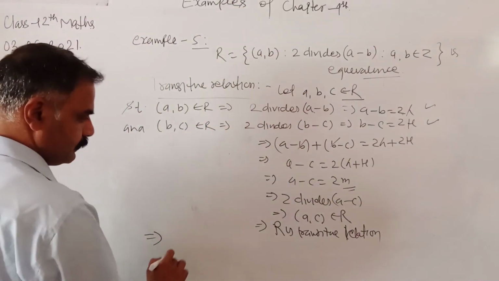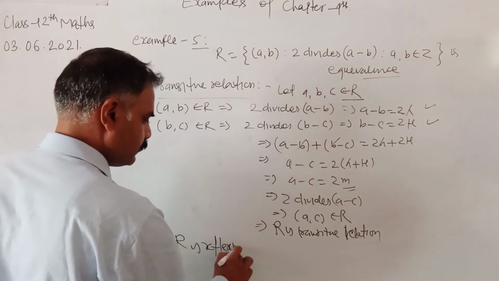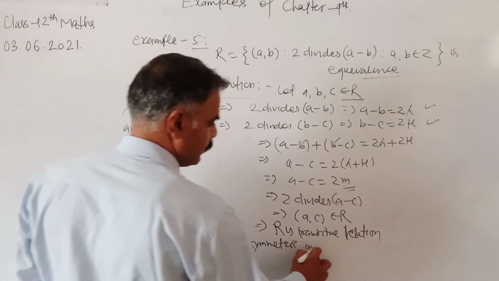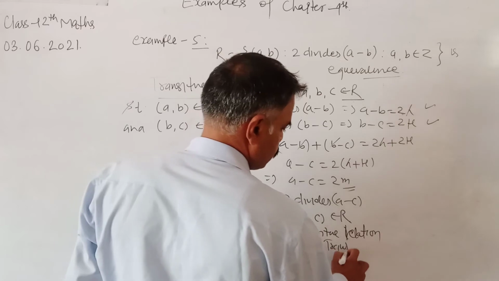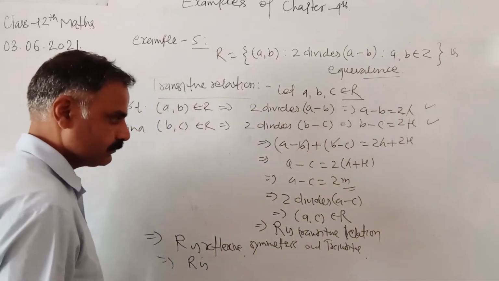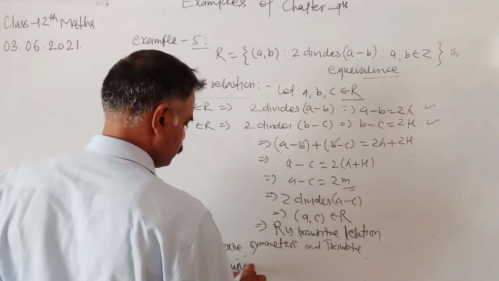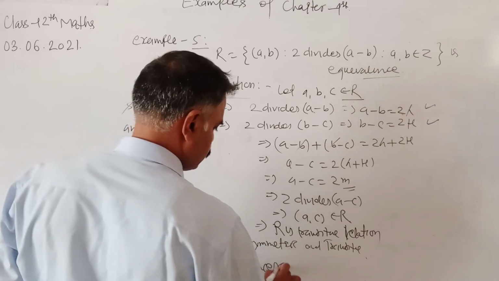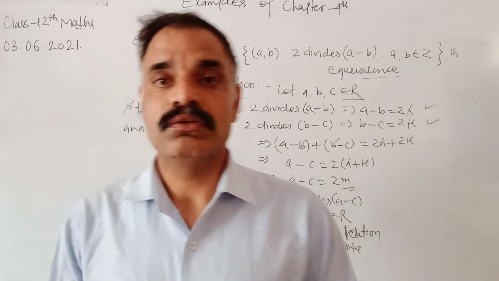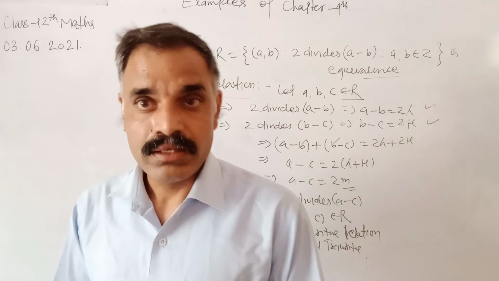R is reflexive, symmetric and transitive, which implies that R is an equivalence relation. So in this way we can prove that the given relation is an equivalence relation.